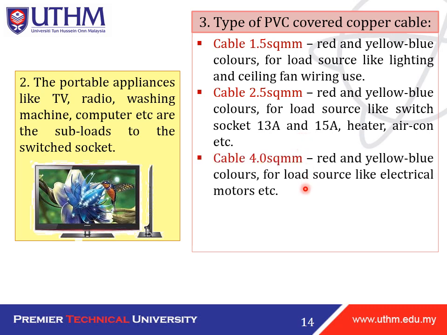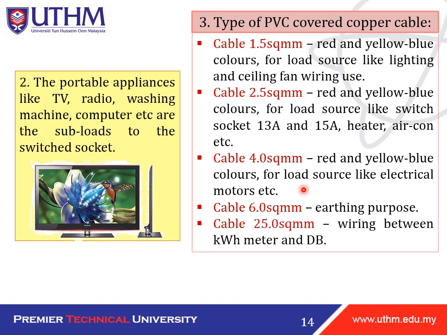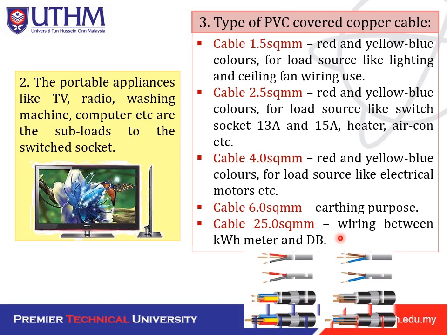Then cable with 4 square millimeter, red, yellow and blue colors for load sources like electrical motors. Then cable 6 square millimeter for earthing purpose. And finally, the cable with 25 square millimeter for wiring between kilowatt hour meter and DB. Okay, this is the picture of the cable.